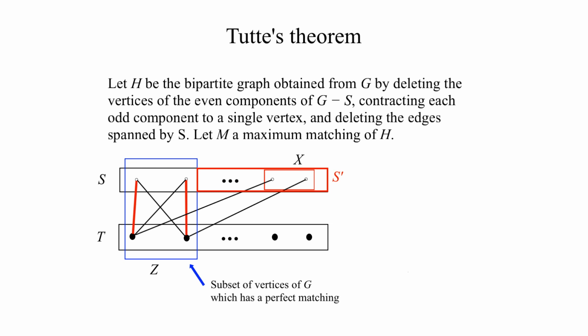This set, added by the possible even components of G minus S that are joined to S intersection Z, form an even component of G minus S prime, which has a perfect matching. It follows that the deficiency of S prime equals the deficiency of S, while Cs prime is smaller than Cs. This contradicts the choice of S. Thus, M covers S.